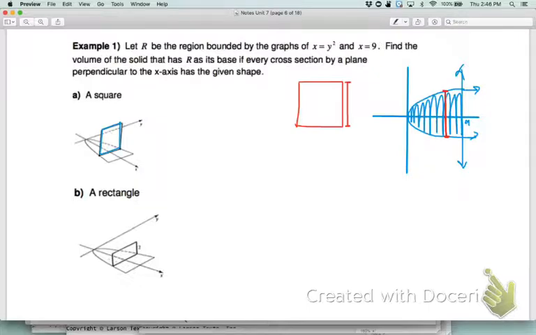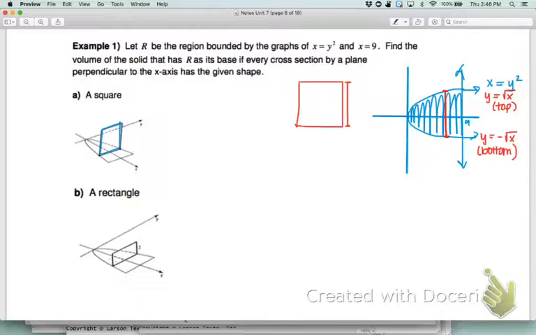So that means I need to rearrange my equations. So I know that horizontally this is x equals y squared. But if I solve that for y, I get y equals the positive square root of x for the top. And I get y equals the negative square root of x for the bottom, because we get plus or minus when we square root on both sides.